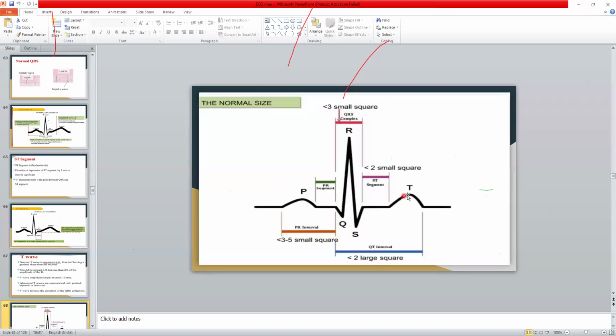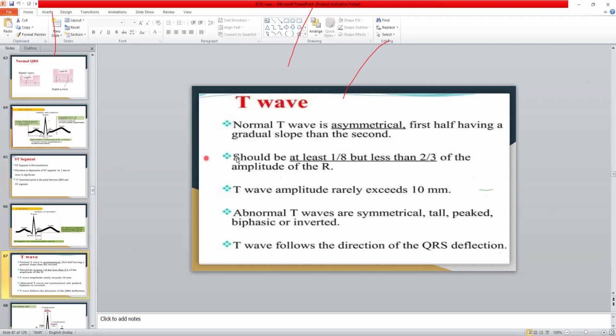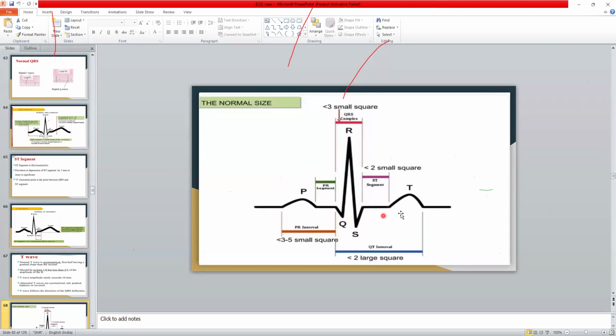This is the first half having a gradual slope, then the second half. This is the T wave. The first half has a gradual slope, whereas the second half doesn't have the gradual slope. It is normal.